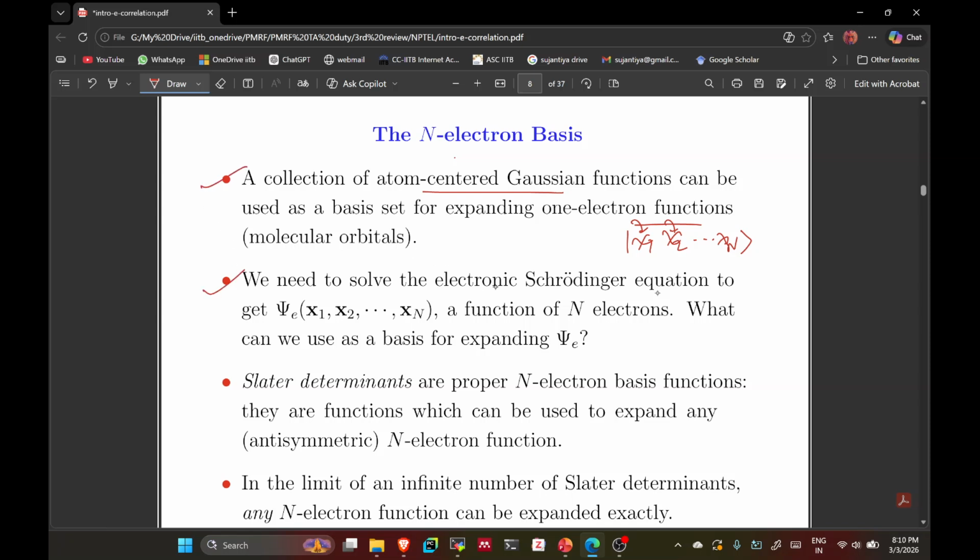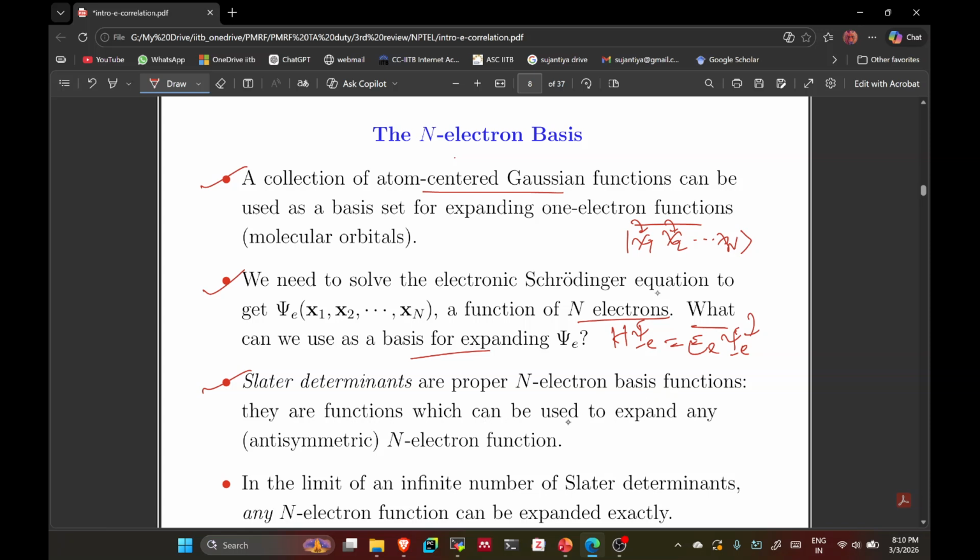But we need to solve the Schrodinger equation for the n electron system. So now what can we use as a basis for expanding this psi electron? You want to solve H psi equals E psi. Now this is an n electron function, right? So what are you going to use? Slater determinants are proper n electronic basis functions.